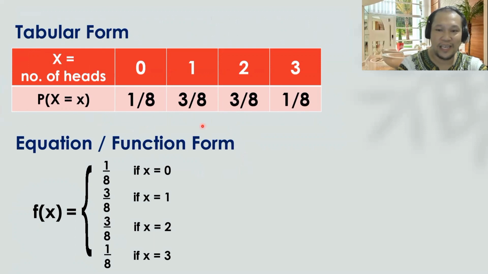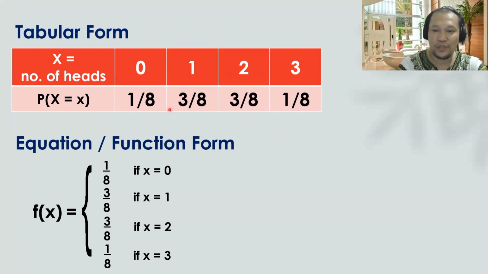Looking at the given example, we have 1/8, 3/8, another 3/8, and 1/8. Meaning, the probability of a particular random variable value will be from 0 to positive 1.